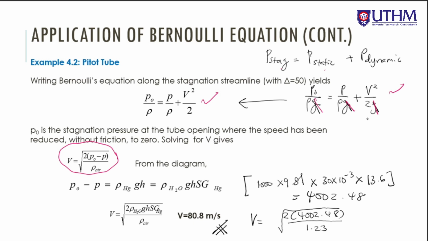Solving for V gives this form to obtain the velocity of the fluid, but we solve the part inside first. Inside, P0 minus P, in which P0 is rho g h for mercury, and the pressure is also this one, density times g times h of Hg.